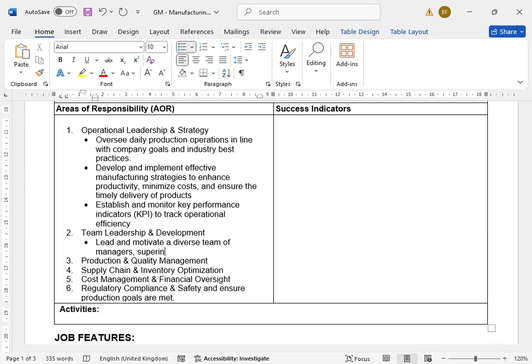So I would say superintendents and supervisors. These are all different managers, different superintendents and supervisors.